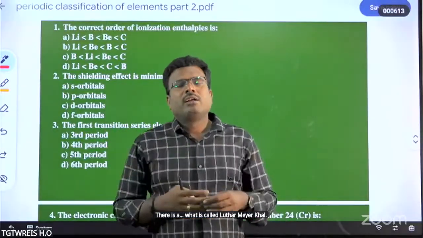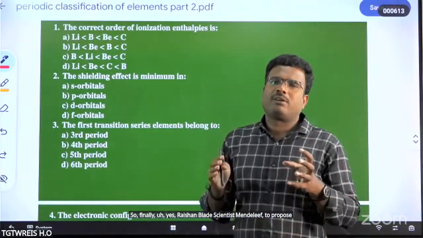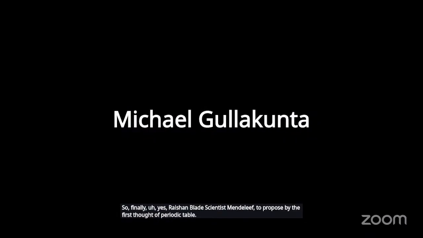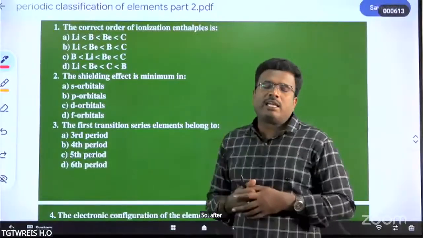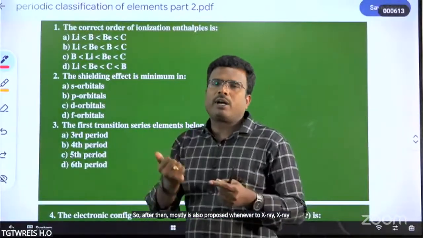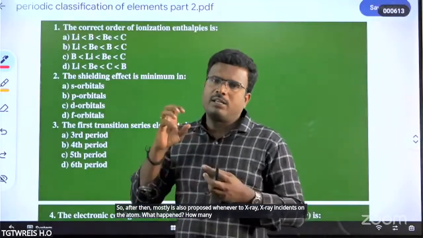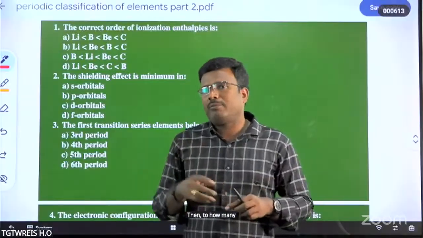Finally, the great Russian scientist Mendeleev proposed the first periodic table, designed in groups, with vertical and horizontal rows, right? After that, Moseley also proposed that when X-rays are incident on the atom, we can find how many protons are there in the nucleus, and then how many electrons are there.